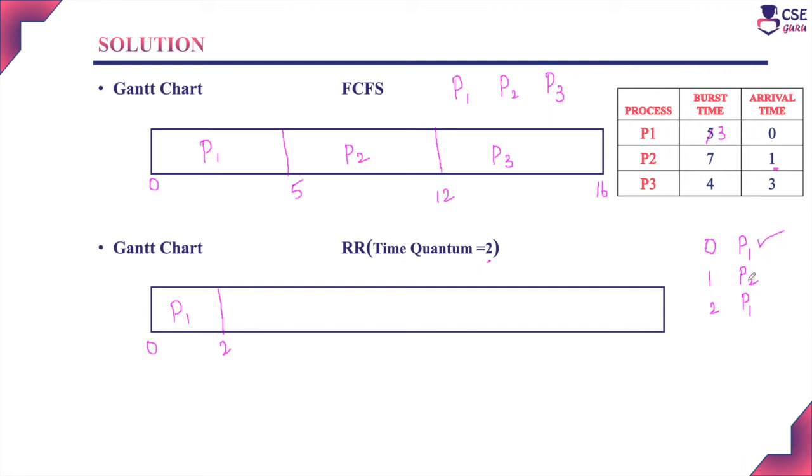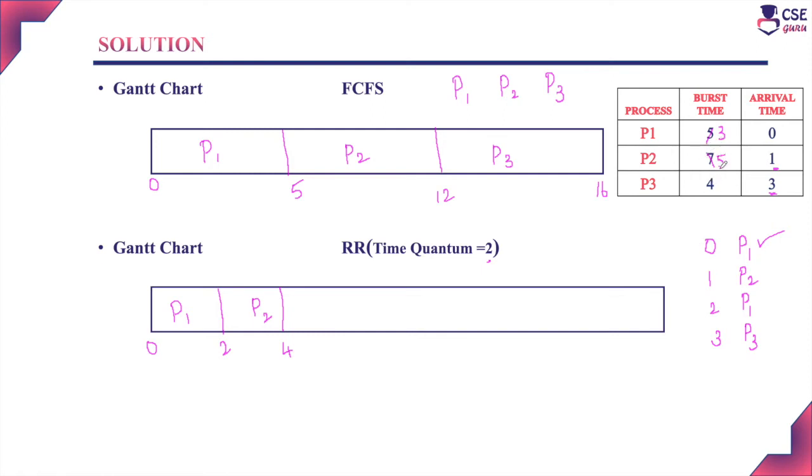Now the next process in the ready queue is process P2 and P2 will execute for 2 milliseconds. And at the time of 3 milliseconds, process P3 enters the ready queue. And at the time of 4 milliseconds, process P2 has completed 2 milliseconds of execution.